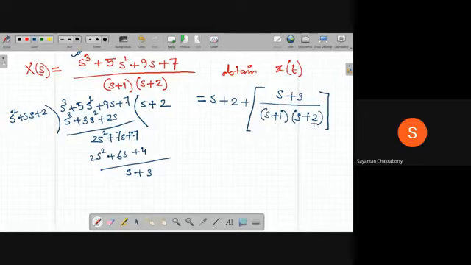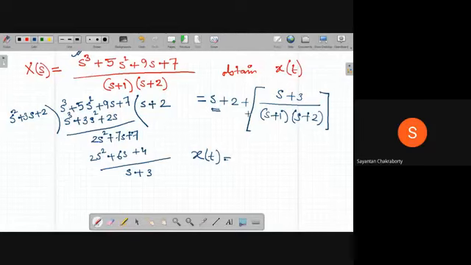Then what about the first two terms? What will be the Laplace transform of the first two terms? What is the Laplace transform of s? Or, sorry, inverse Laplace of s. So what will be x(t) corresponding to this?